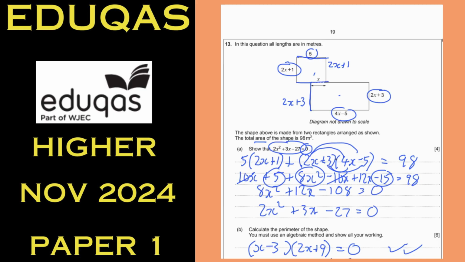Take away that x, that's 5 minus x. This side here is 4x minus 5, and then we need to subtract that x as well. So it's 3x minus 5 over there.